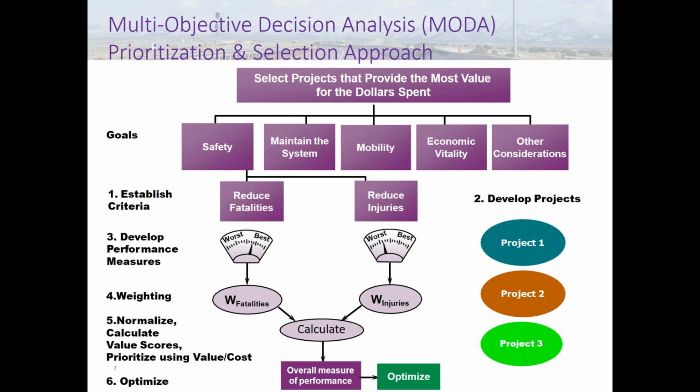We're trying to go into this multi-objective decision approach because it looks at our agency goals from our strategic plan. And as everybody at the workshops, we're establishing what particular criteria under each of those goals and then developing those performance measures and doing the weighting to calculate which projects will be prioritized.